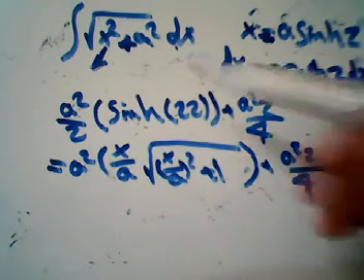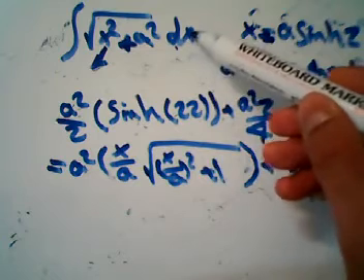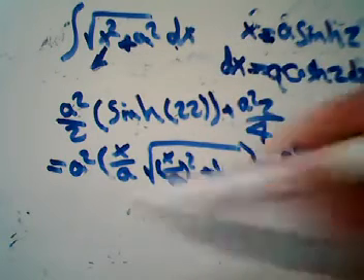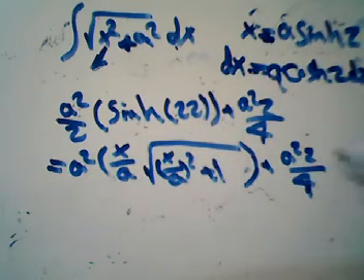But you know, the integral is with respect to x, and we should write this with respect to x also. Okay, but here we got z, and we should write this z with respect to x.